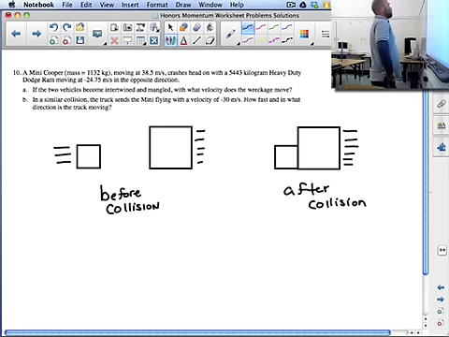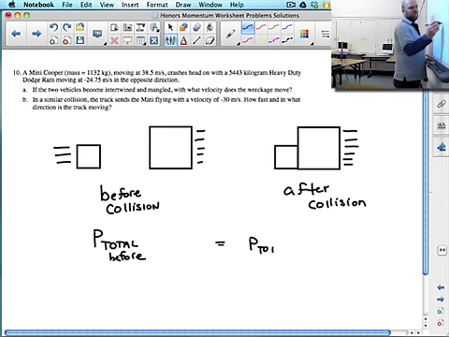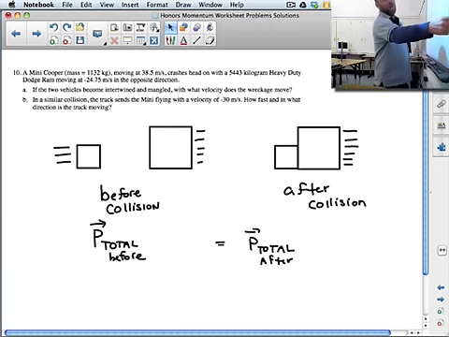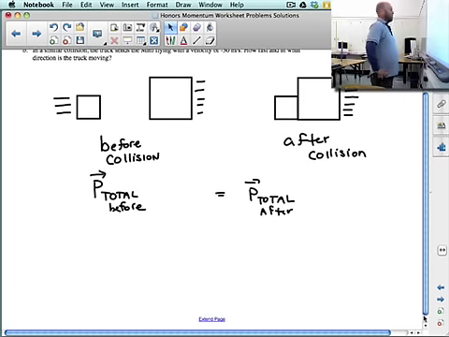And so P total, momentum total, before is going to have to equal the total momentum after. That's the basic concept behind most momentum problems, if not all of them.